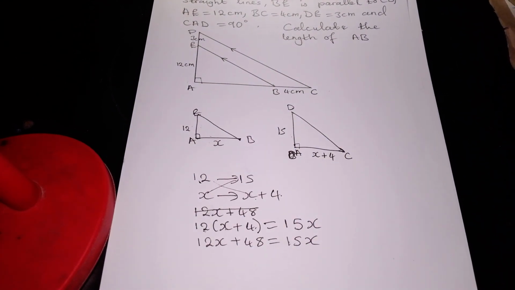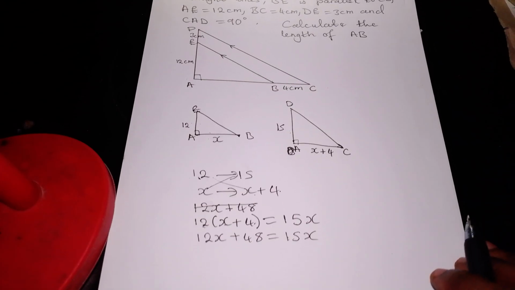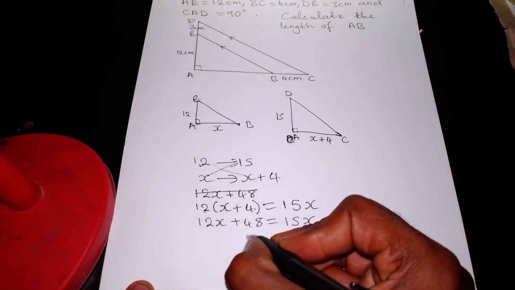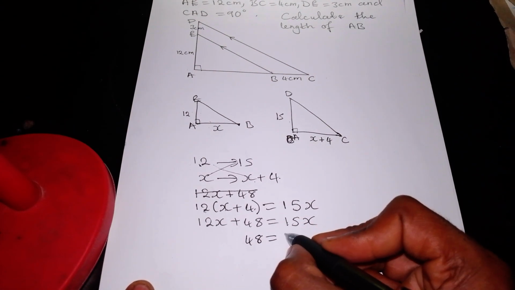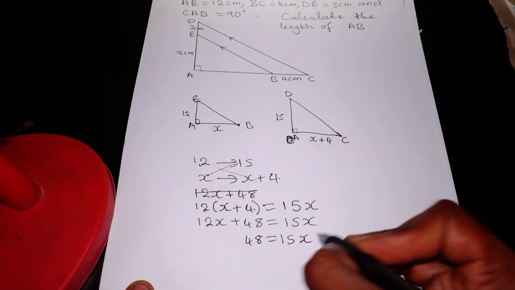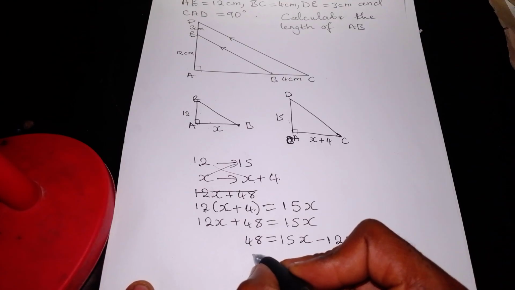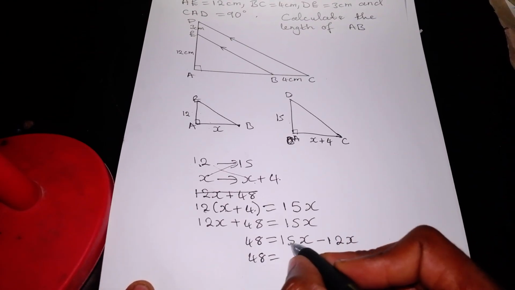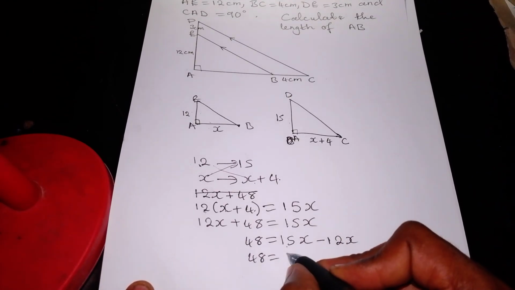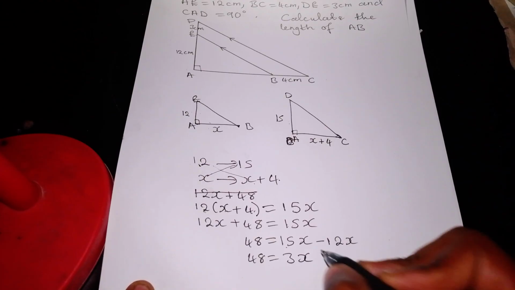And then to solve for x, I think the easiest here will be taking the 12x to the other side so that I minimize negative numbers as much as possible. So I'll leave the 48 alone, and I'll leave the 15x alone, and then I have the 12x this side. Then we have 48 equals 15x minus 12x, this is 3x.